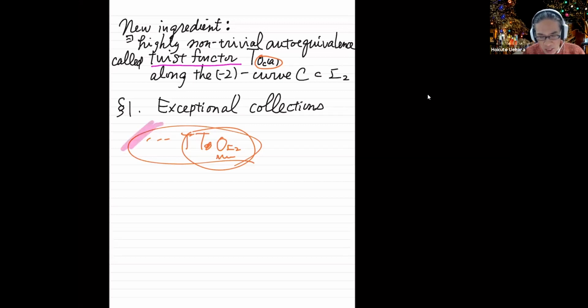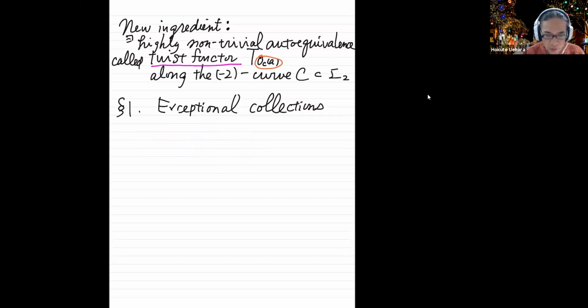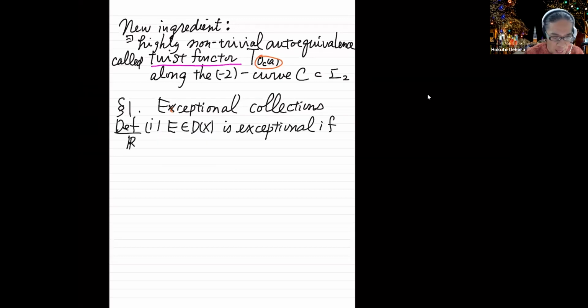Okay, so let me define some terminology. Definition. An object E of the derived category is called exceptional if RHom(E, E) is just k.